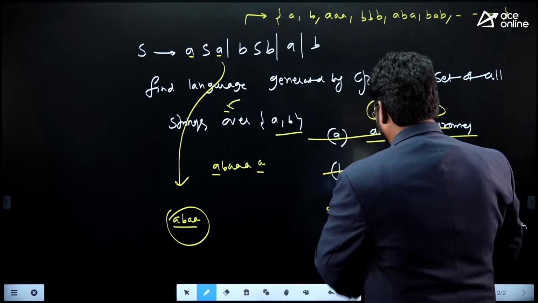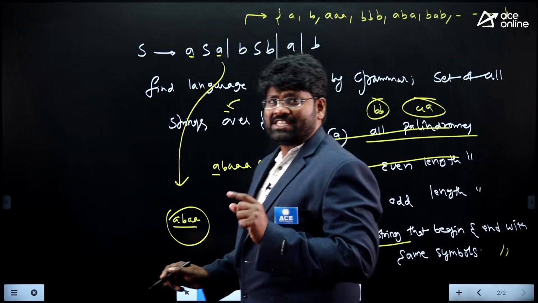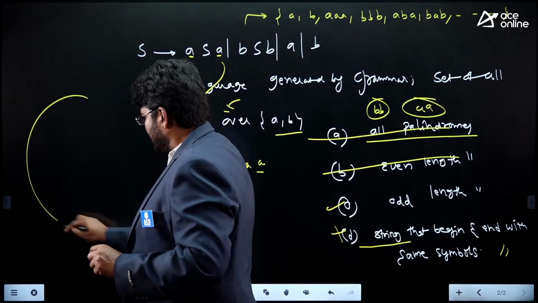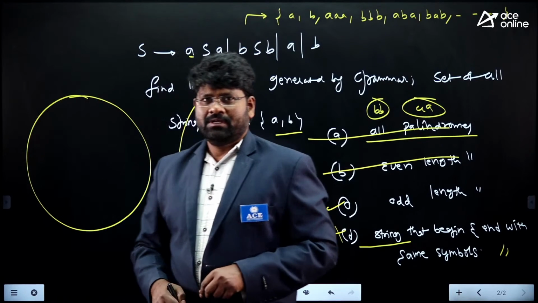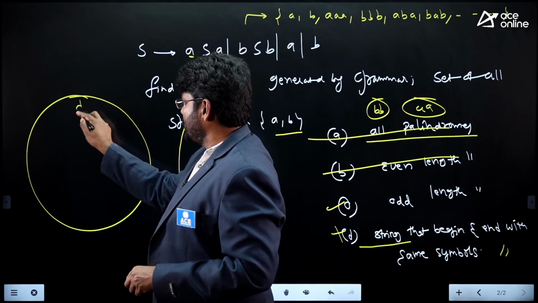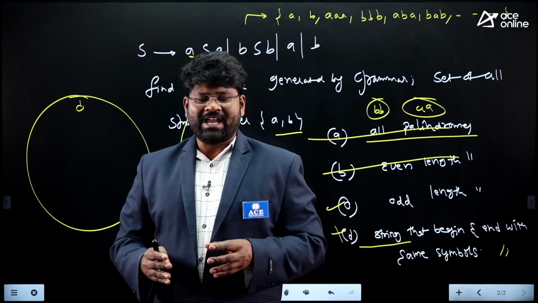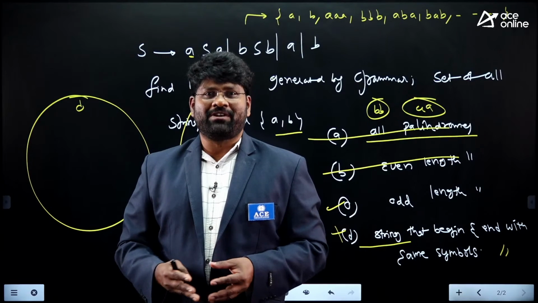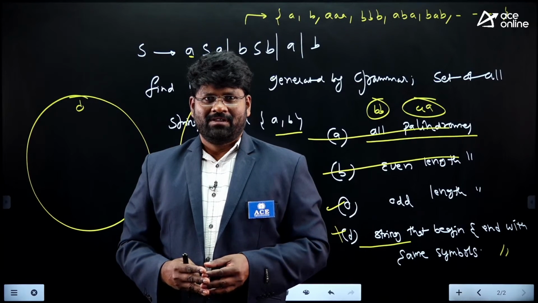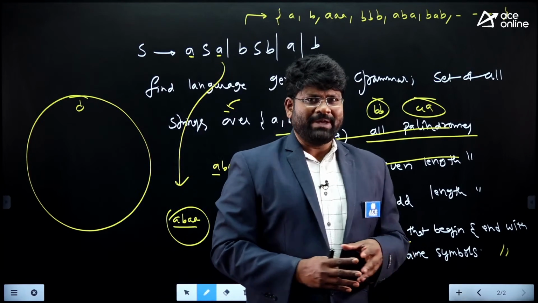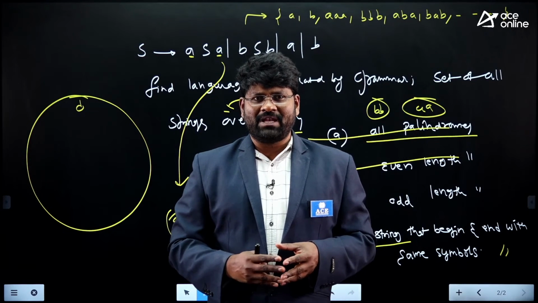If you do the analysis of all these options, what you understand is that D is the superset of everybody. It contains palindromes and non-palindromes, because of this statement, everything will begin with the same symbol and end with the same symbol.